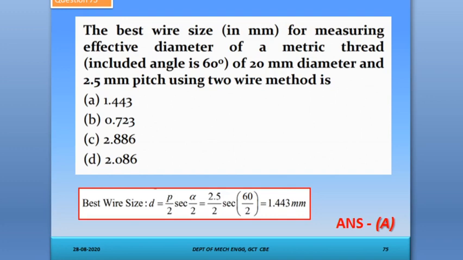Option A is the correct answer. The same formula is used for the best wire size in the two wire or three wire method, P by 2 secant of alpha by 2. The answer is 1.443.